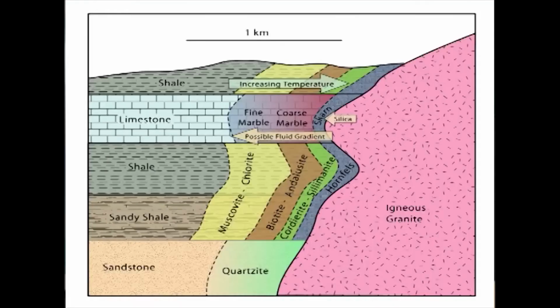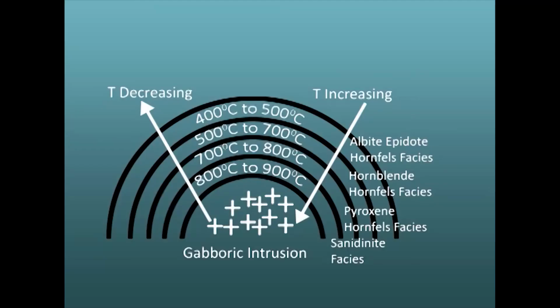General chemographic phase relation. The Albite, Epidote, Hornfels facies was proposed to cover mineral assemblages as they begin to form in the outermost fringe of the contact aureoles. See the figure on the screen where we can observe the contact aureoles, and we can see the different zones present around the intrusive body.